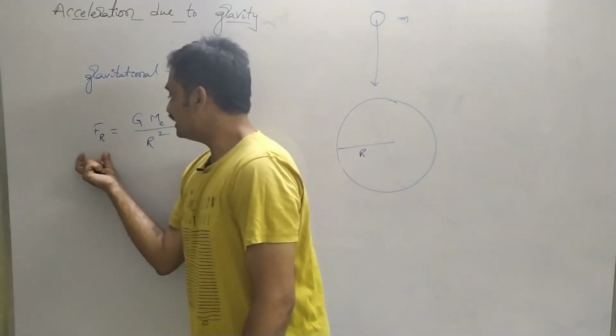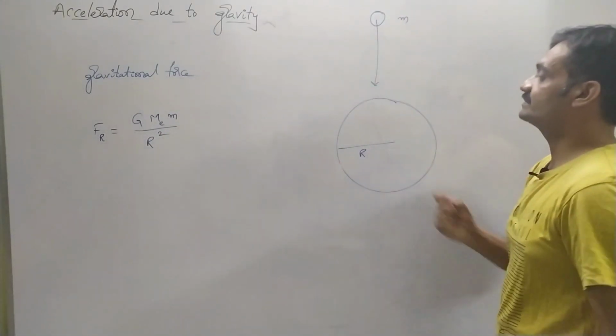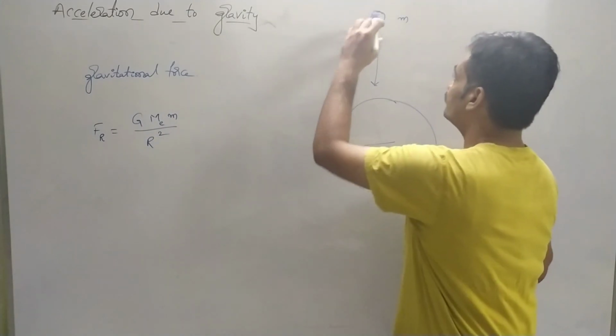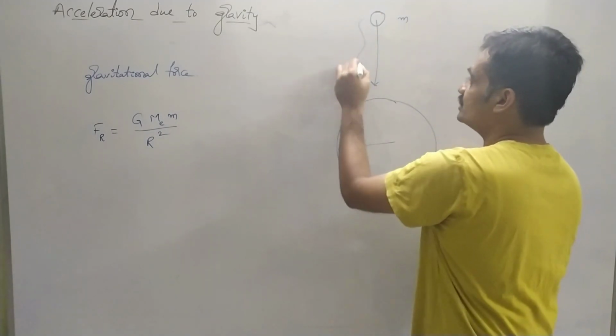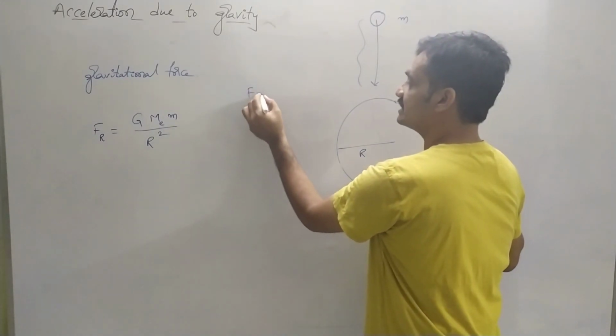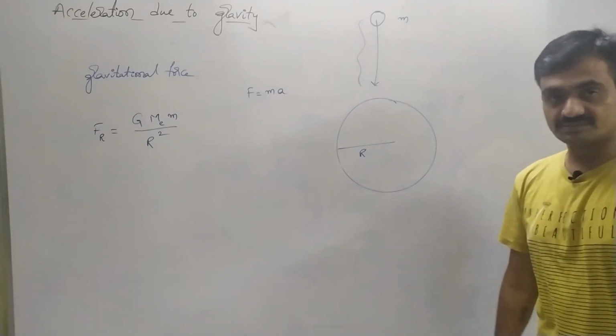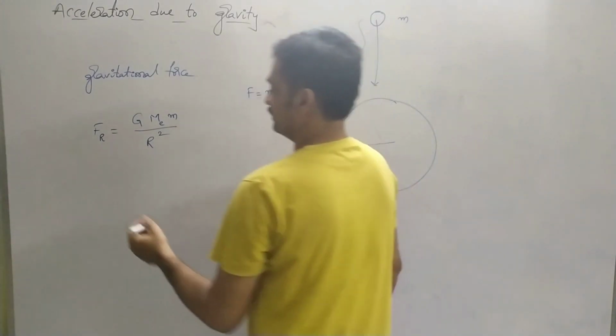Now observe that F suffix r is nothing but the resultant force acting on this body, whereas since the body gains acceleration due to gravitational force, the force equation can be represented as F equals ma.